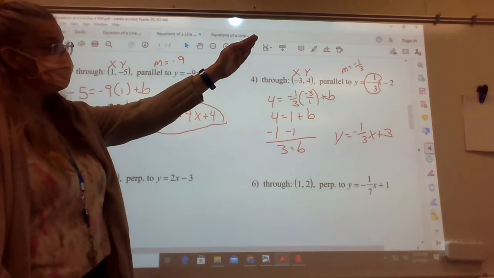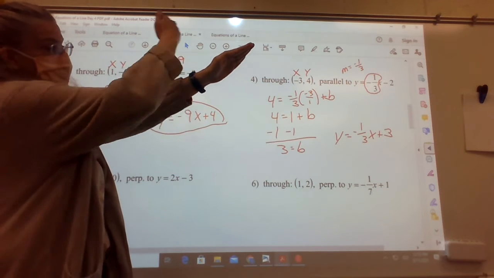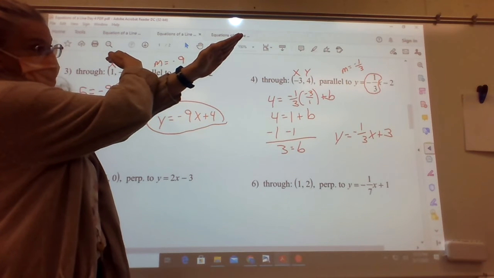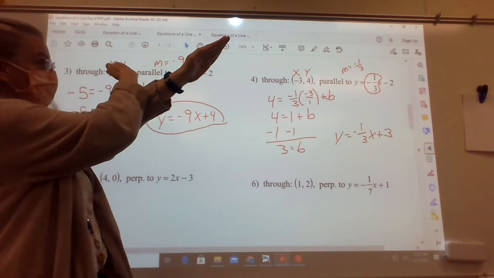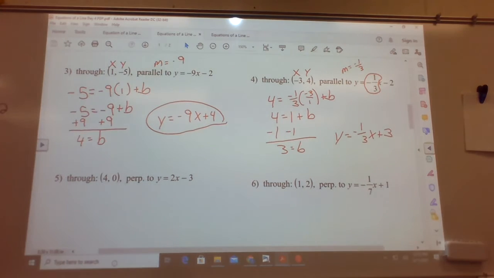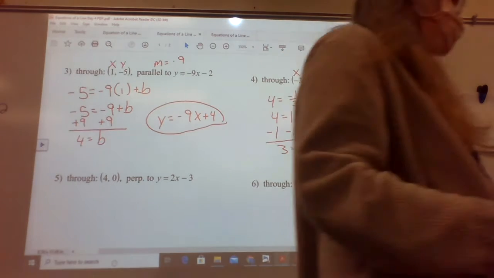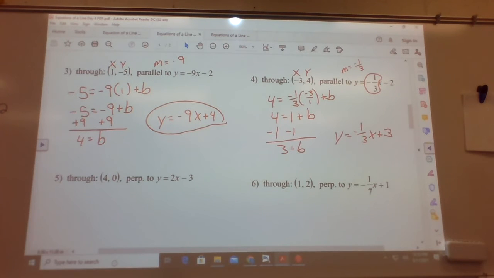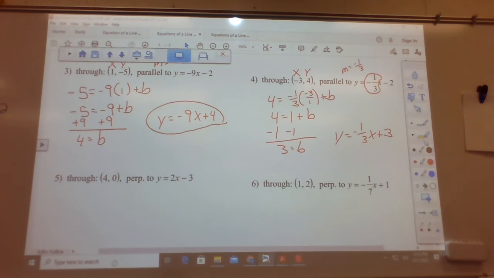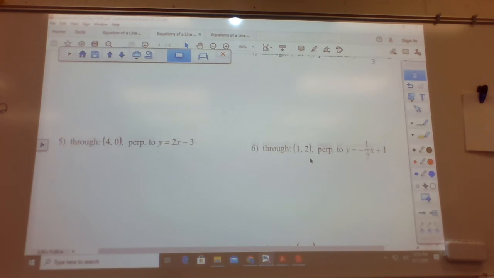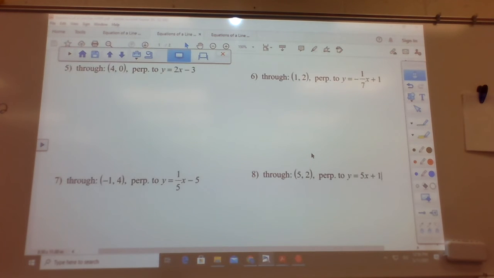So this is my slope. This is parallel. This is perpendicular. So I need the complete opposite direction. So let me slide this. So just be real careful when you're doing these last couple on the review, on the quiz, that you look to see if it says parallel or perpendicular.